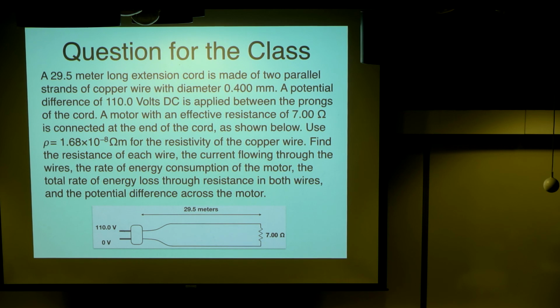AC is a lot easier to generate on a large scale because, with the exception of solar, every other large scale method of energy generation involves spinning a turbine and then using that to power a generator. And that just naturally gives you AC. I think even a lot of solar farms do that as well.